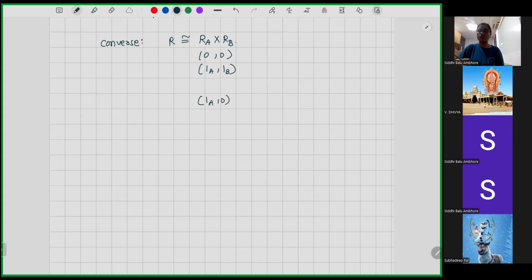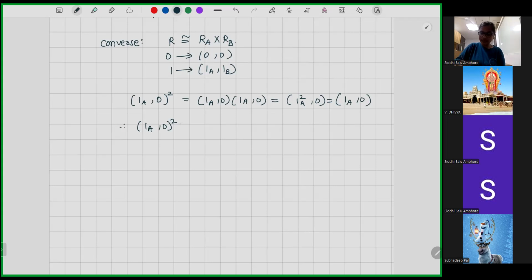This is also idempotent because (1_A, 0) squared is (1_A squared, 0), but 1_A squared is 1_A, so it equals (1_A, 0). Therefore, this is an idempotent element. And since this is an isomorphism, 0 goes to 0, 1 goes to 1 of this ring.